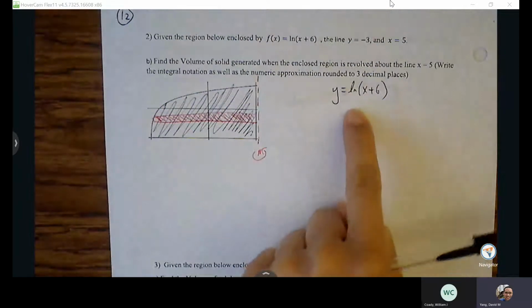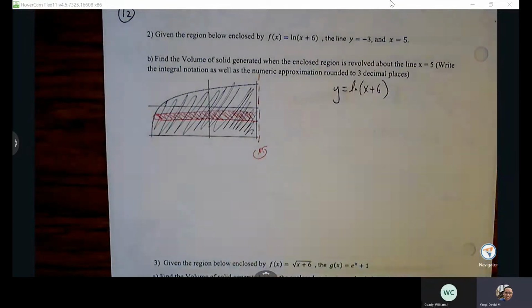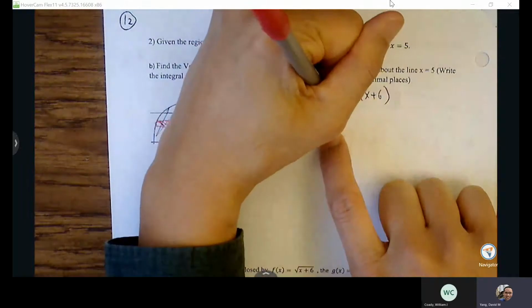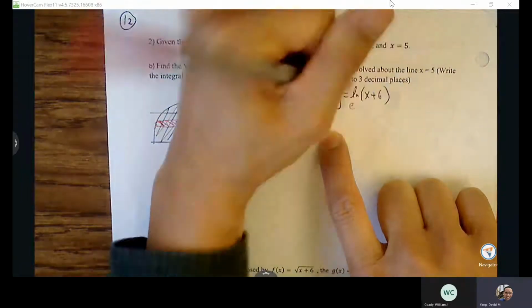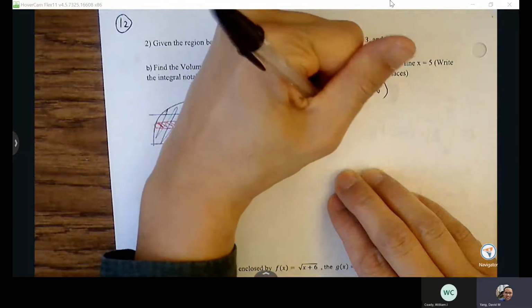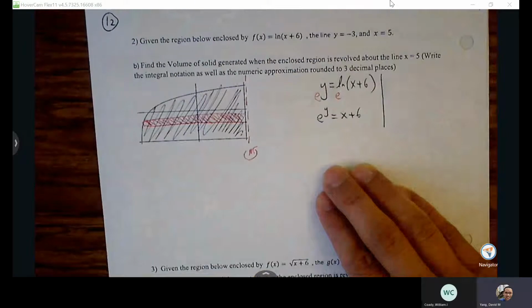So we have y equals natural log of x plus 6. I need to solve for x. To solve for x, I need to get that natural log to go away. We can use its inverse, so we can raise both sides with e as the base, and solve for x.